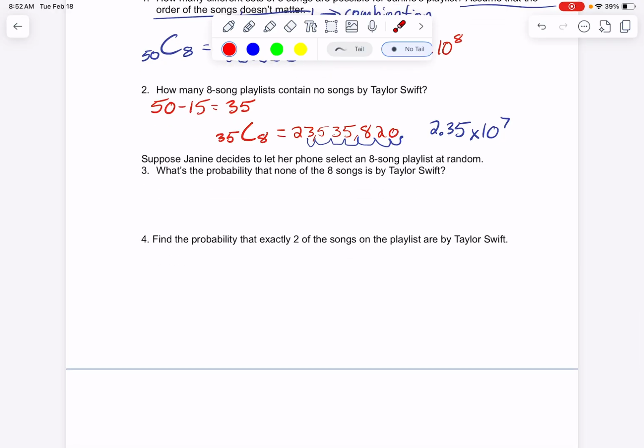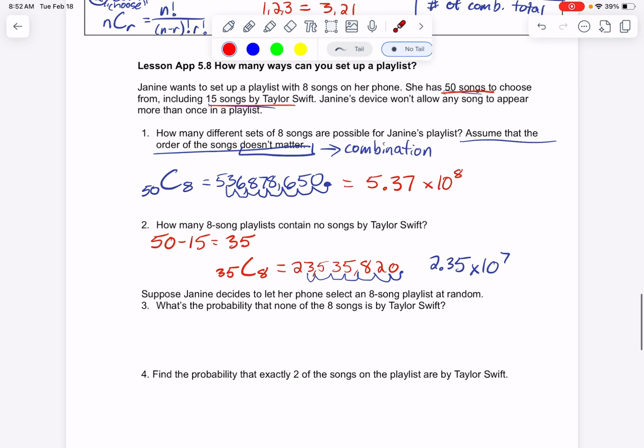Number 3, suppose Janine decides to let her phone select an 8-song playlist at random. So her phone now is just creating a random playlist out of 8 songs. We want to know what is the probability that none of those 8 songs is by T Swift.